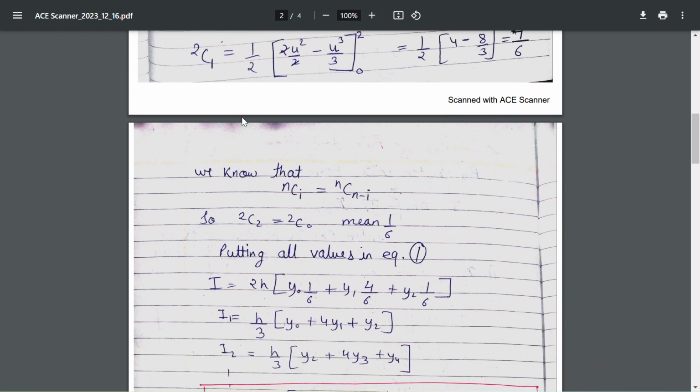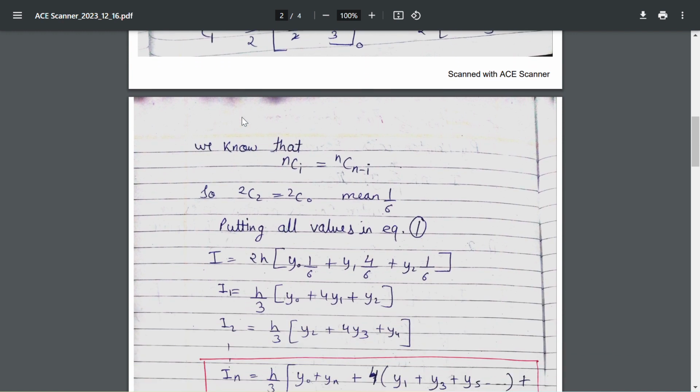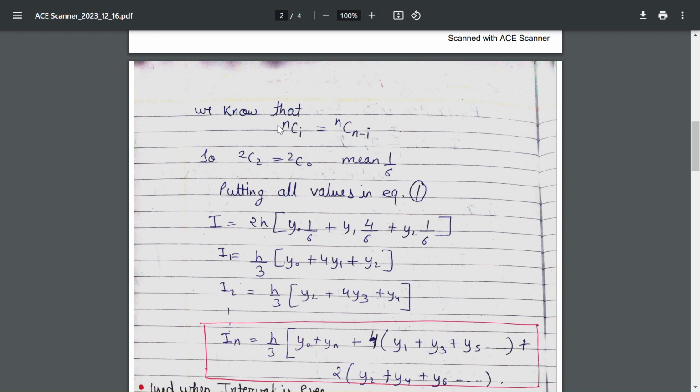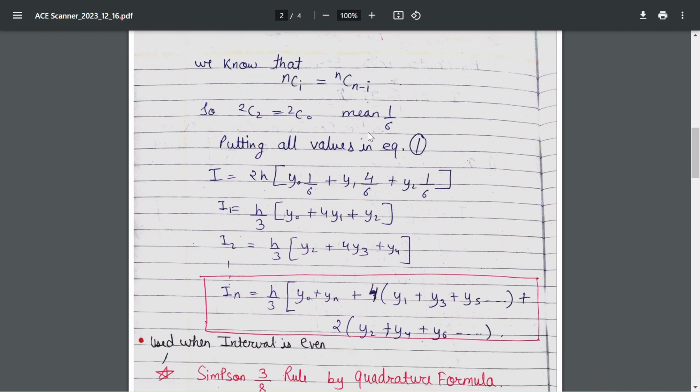Now we have to find 2C2, but we have one property which is NC_i equals to NC_(n minus i). So for 2C2, here n is 2 and i is 2. On solving we get 2C0 equal to 2C2, means the value of 2C0 and 2C2 is equal, means 1 by 6.